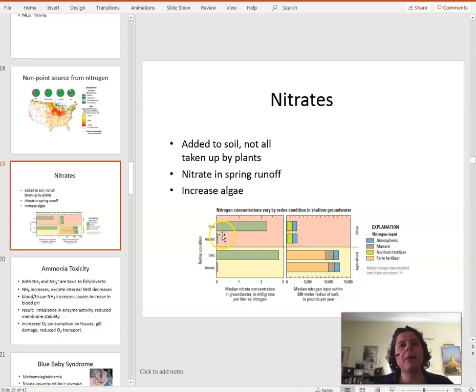Okay, so nitrogen concentrations vary in redox conditions. What this is right here is the median nitrate concentration in groundwater, in milligrams per liter. This upper part is urban environments, and this is agricultural environments. In urban environments, within the city, under oxic conditions, we have lots of nitrate. Under anoxic conditions, we have very little. And the same thing in agricultural systems.